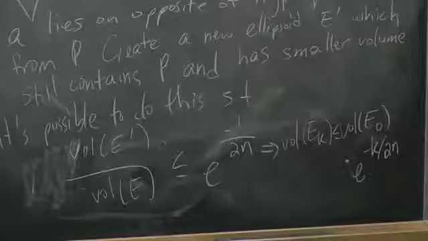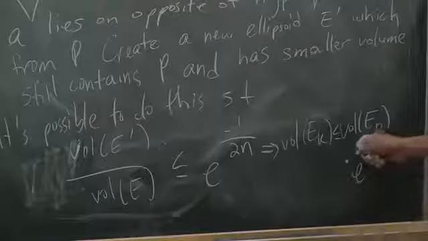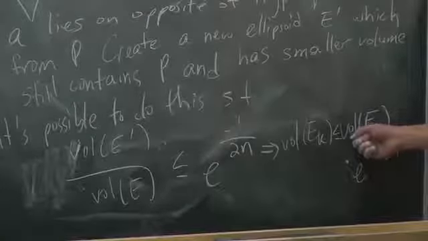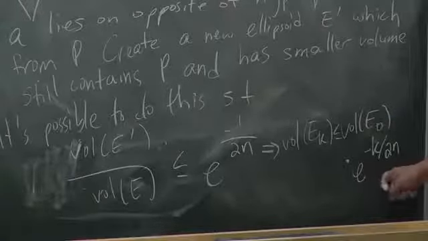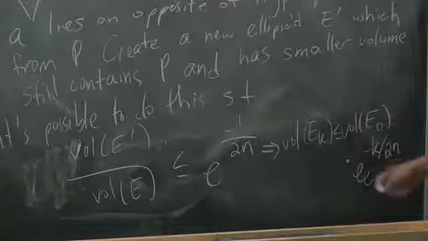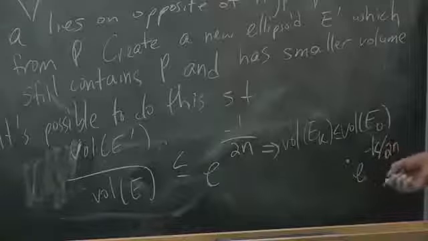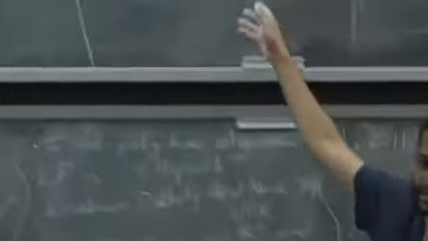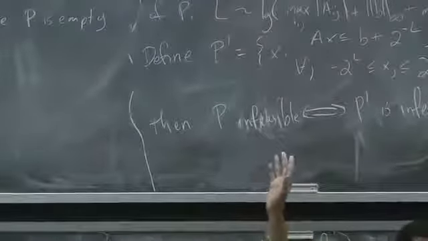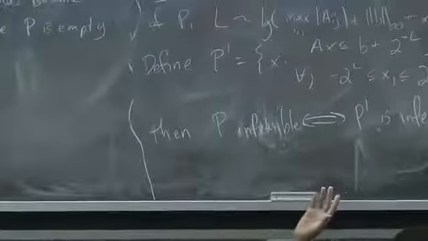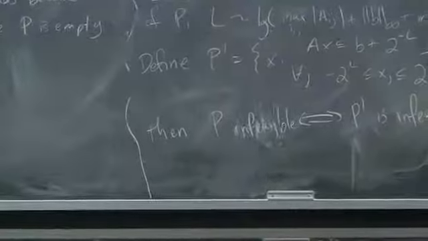And you know what the original ellipsoid is. It's some sphere. You can compute its volume. So as soon as this expression on the right-hand side becomes smaller than the volume of this P prime here, then you can just say it's infeasible.